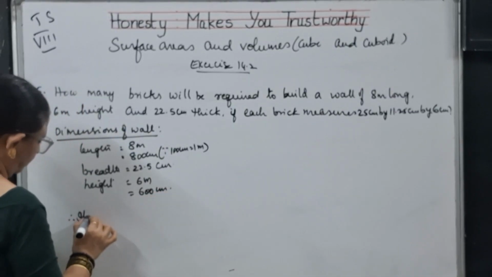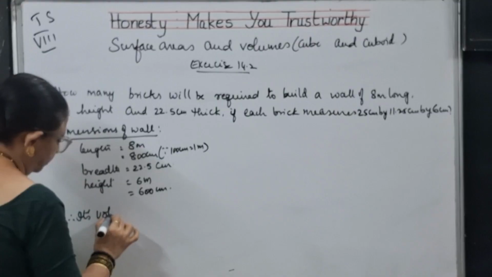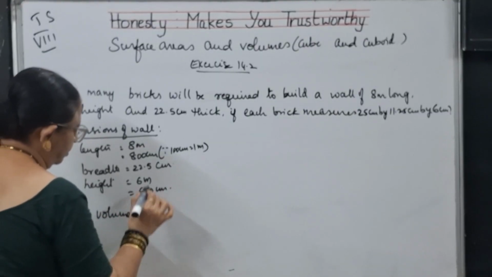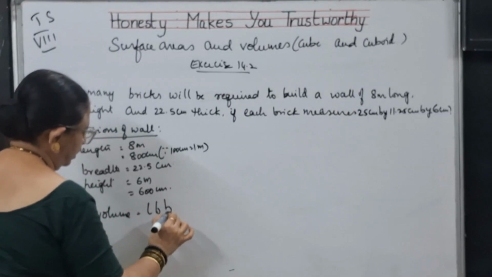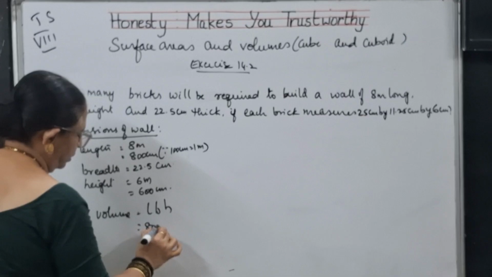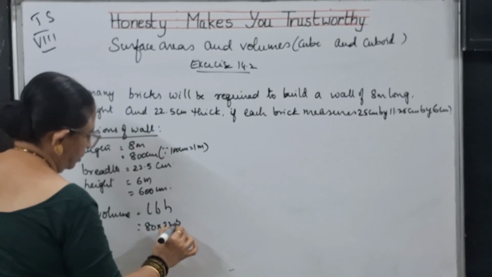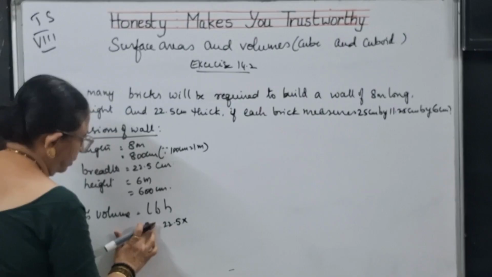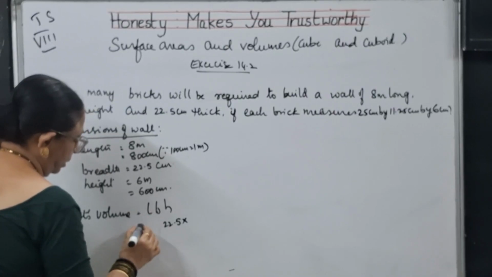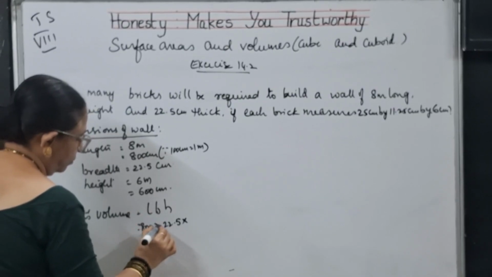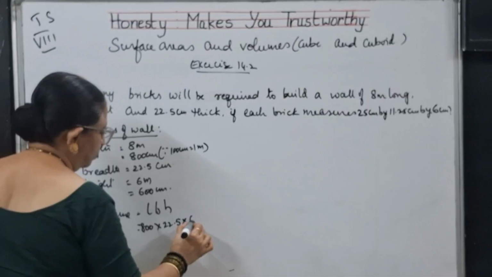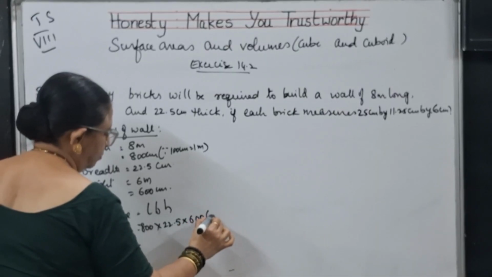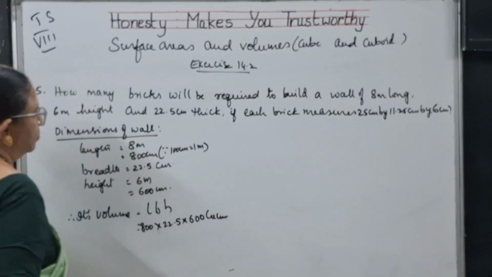Therefore, what is its volume? Its volume is equal to L into B into H. 800 into 22.5 into 600 cubic centimeters.